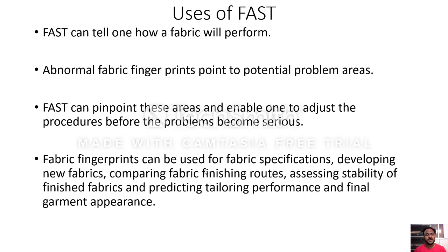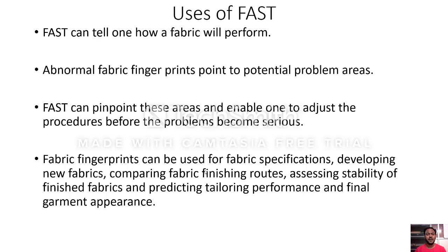Then the fabric fingerprints can be used for fabric specifications, developing new fabrics, comparing fabric finishing routes, assessing the stability of the finished fabrics, and predicting the tailoring performance and final garment appearance. So you can see how advantageous the FAST system is. You can use it for fabric specification, you can develop new fabrics, you can compare the finishing routes by using the FAST-1 compression meter.